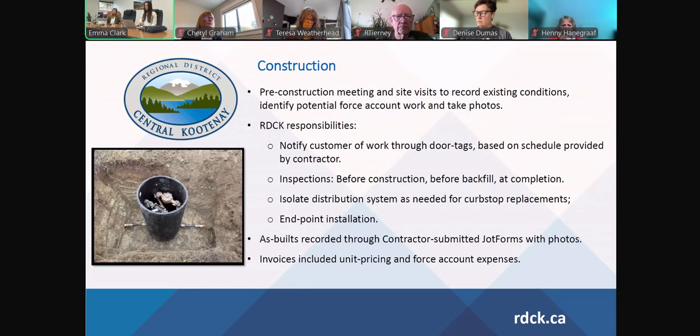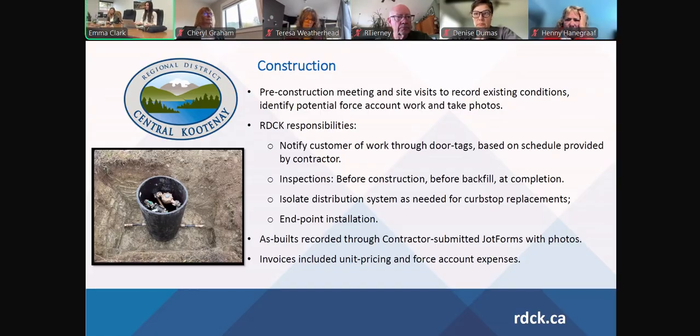So again, with construction, a lot of detail on the pre-installation site photos, just a lot of record keeping, which we will maintain throughout phase 2.